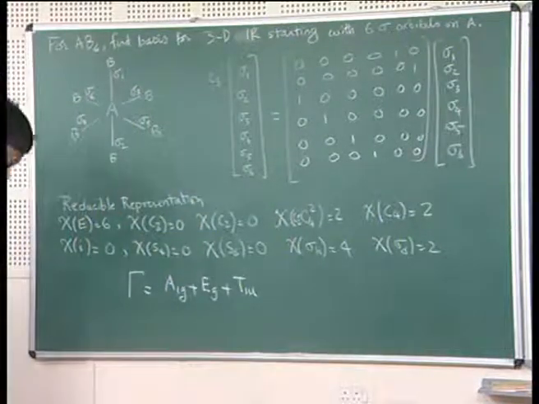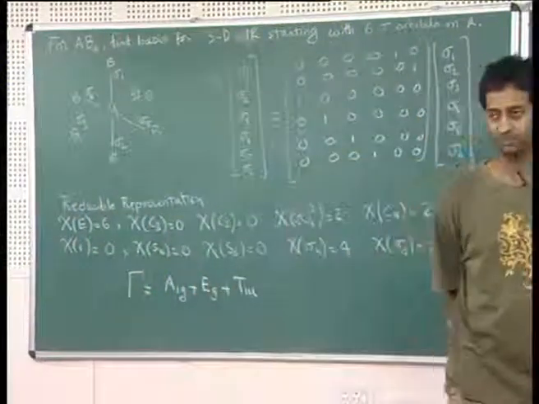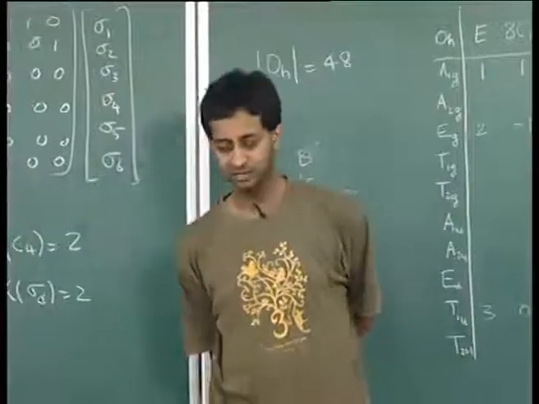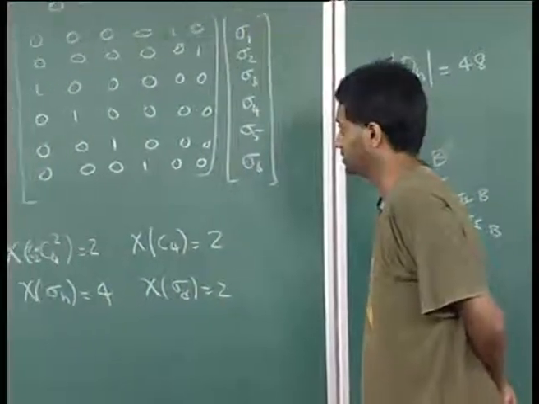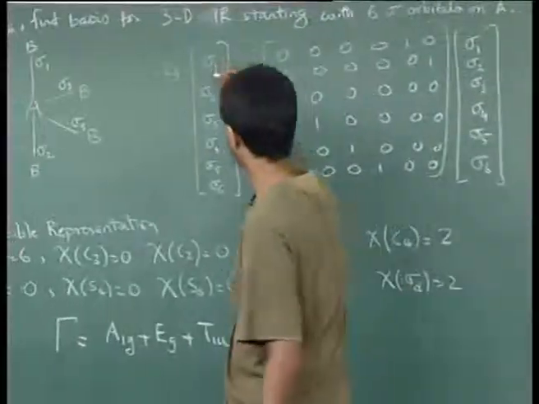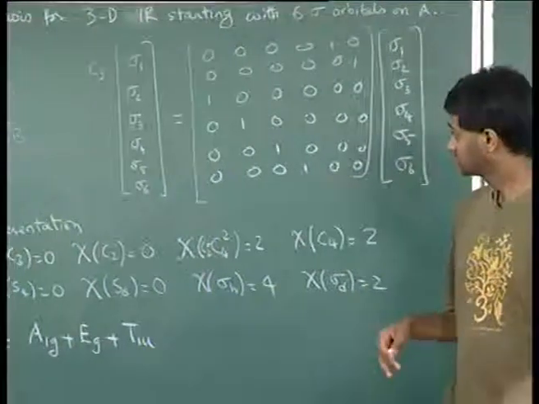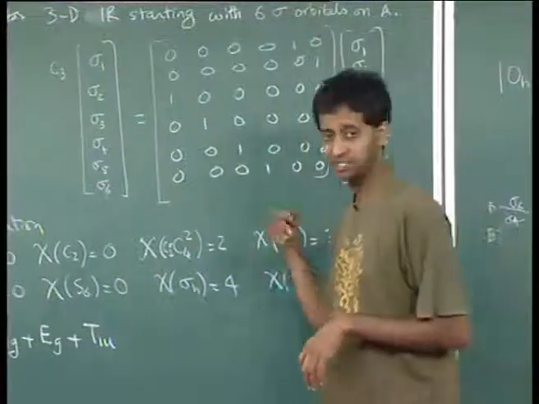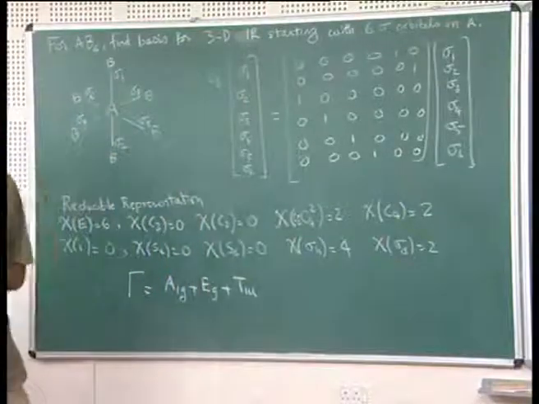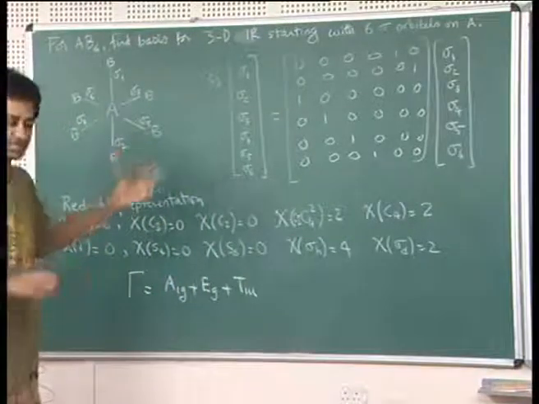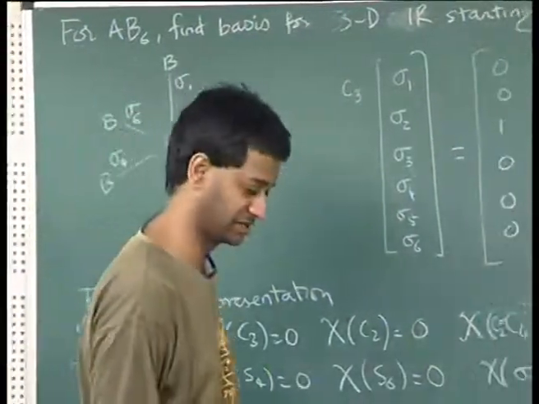Now, the first thing you will ask is which 3-dimensional irreducible representation we will get a basis for. To do that, we start with the 6 sigma orbitals: sigma 1, sigma 2, sigma 3, sigma 4, sigma 5, sigma 6. These form the basis for a 6-dimensional representation, and since it is a 6-dimensional representation, it will be reducible. It cannot be an irreducible representation.